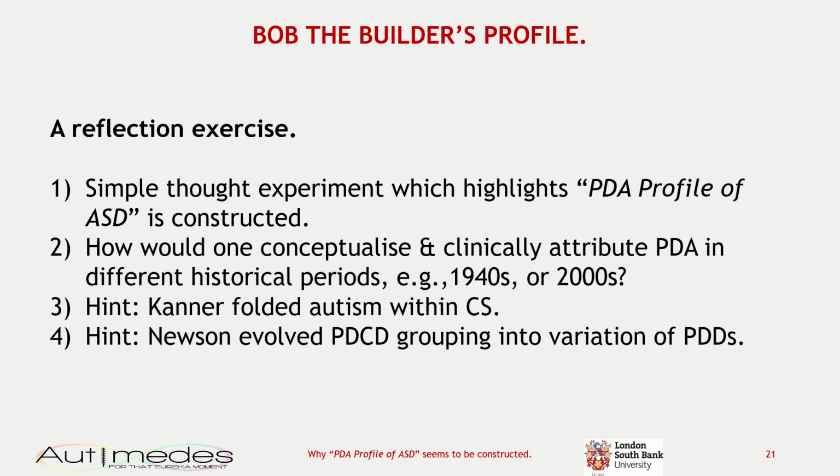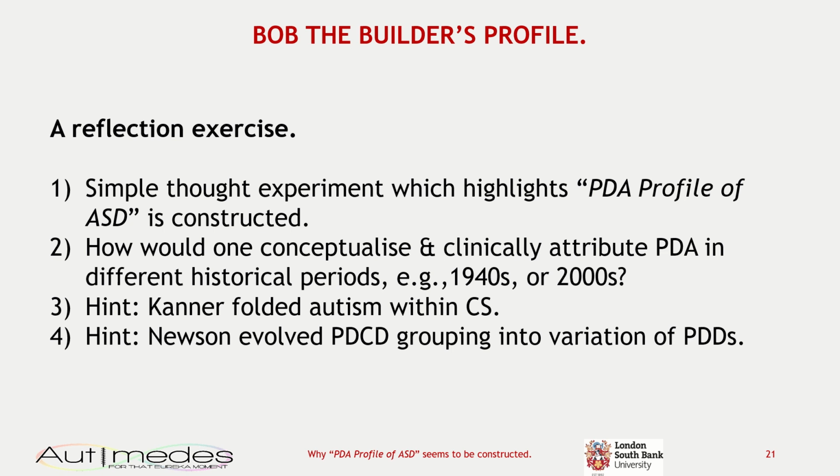Well, there's also a simple thought experiment we can do to highlight that PDA Profile of Autism is constructed, and this is simply to consider how one would conceptualise and clinically attribute PDA in different historical periods, such as either the 1940s or the early 2000s. The academic literature gives you massive hints over how one would do that.